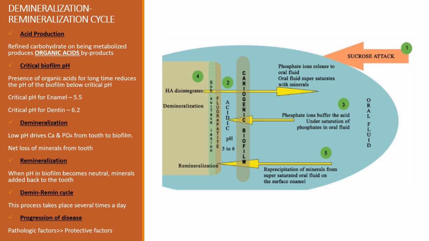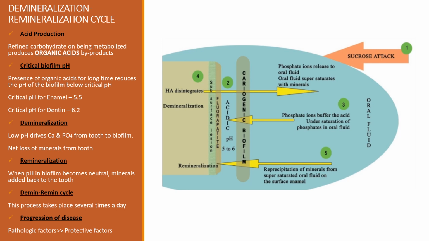The diagram very clearly and succinctly describes the entire cycle. Firstly, the cariogenic bacteria in the biofilm metabolize the refined carbohydrates and they produce organic acids as byproducts.